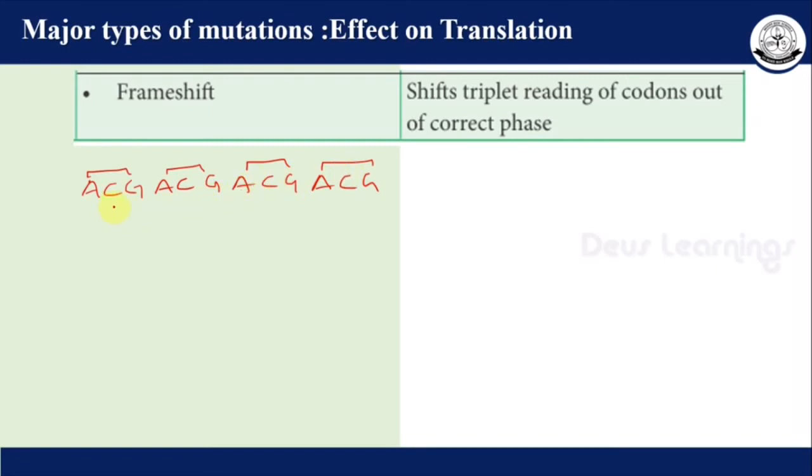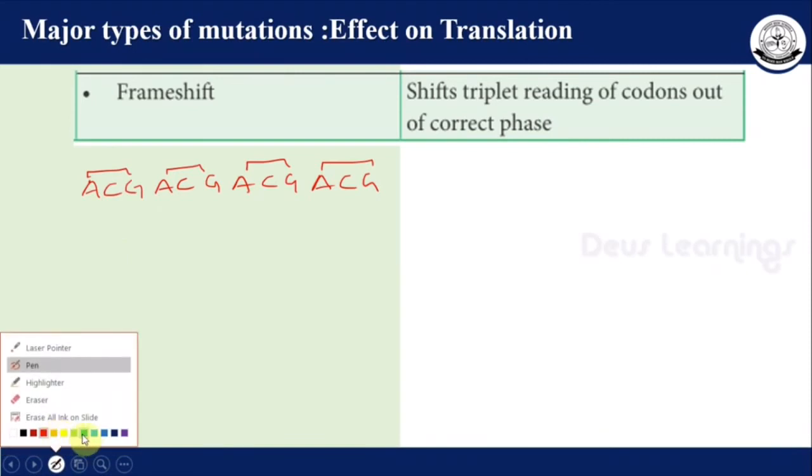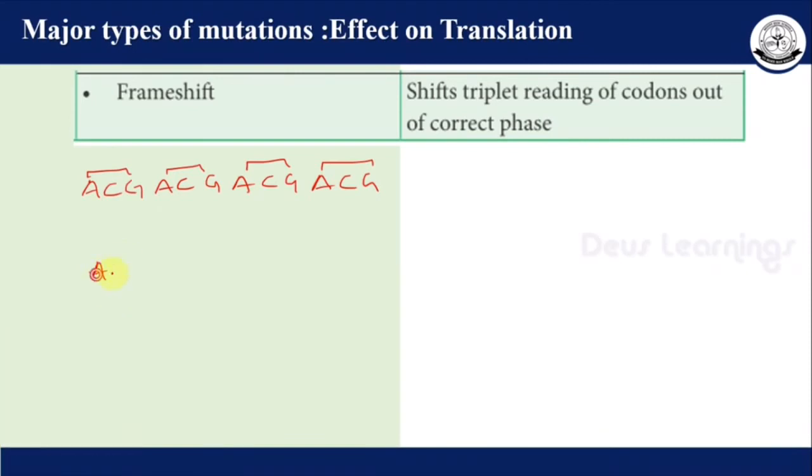For example, if I add one nucleotide, a T here, followed by again ACG, ACG and then ACG.